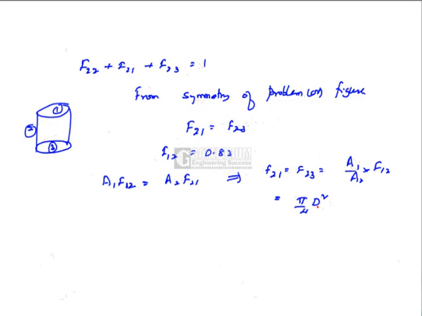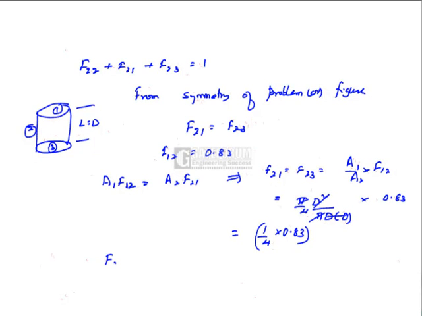What is A2? Pi D L. L is D in the figure, it is given. Therefore, D square gets cancelled, pi gets cancelled, it is 1 by 4 into 0.83.